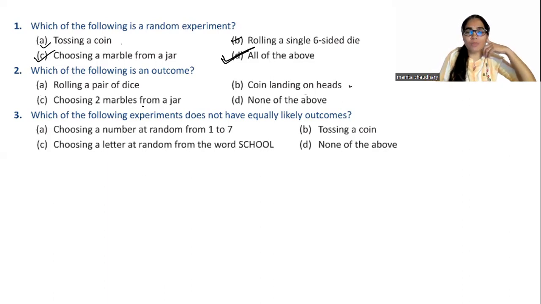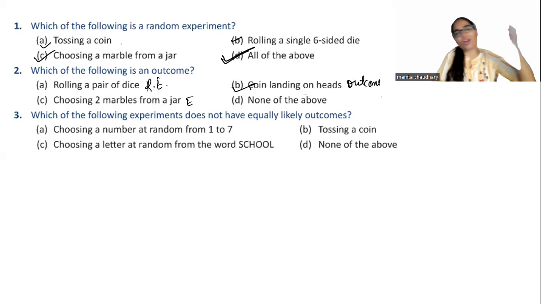Choosing two marbles from a jar. No, it is not an outcome because we don't know which two marbles we have chosen. So choosing two marbles from a jar is basically an event. This is a random experiment, this is an outcome, this is an event. So the answer is coin landing on heads.